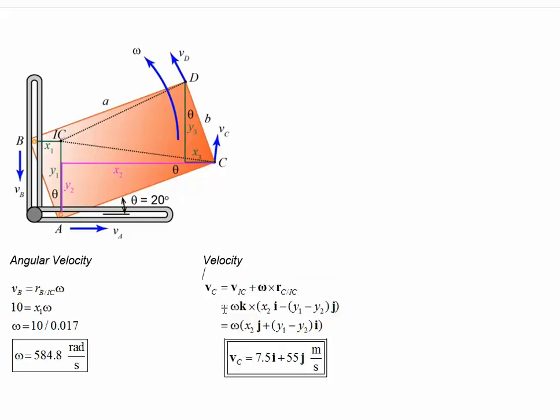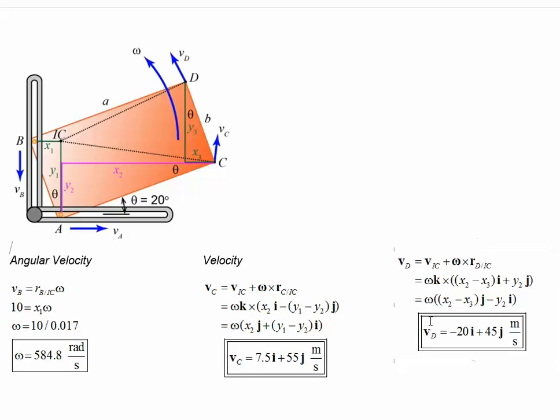In that case, we're going to use the relative velocity equation and go from the IC to point C and then to point D. You can see that we have defined omega as being in the k direction, and then we just figure out how far it is from the IC to point C in the x direction and how far in the y direction. We take our cross products and get our result. And we can do the same for point D, using the same equation just between two different points.